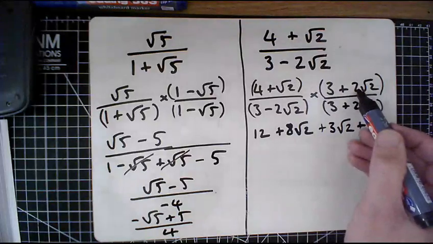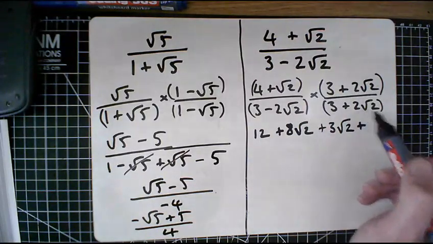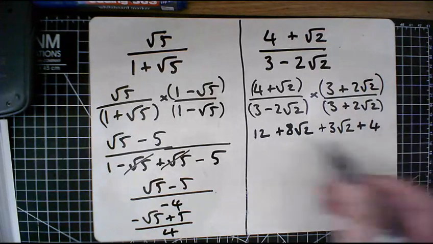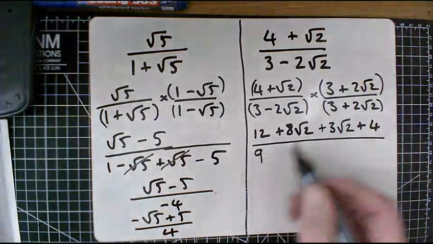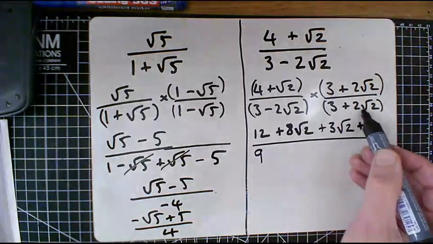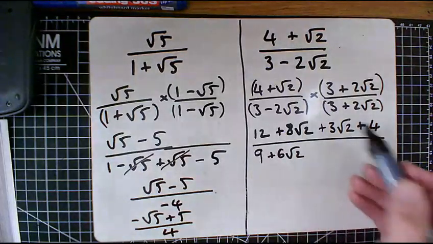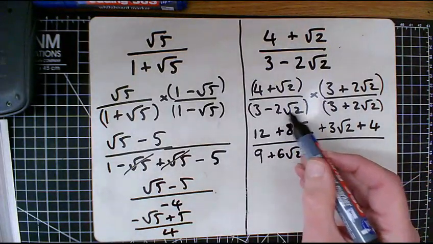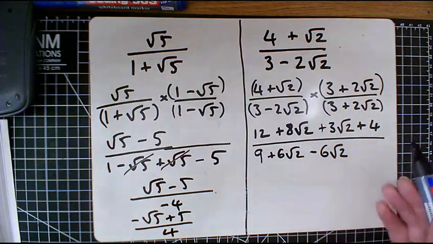So I'm going to get 2 times the square root of 2 times the square root of 2, which is just 2. 2 times 2 is 4. Over 3 times 3, which is 9. 3 times 2 root 2 is positive 6 root 2. Negative 2 root 2 times 3 is negative 6 root 2.